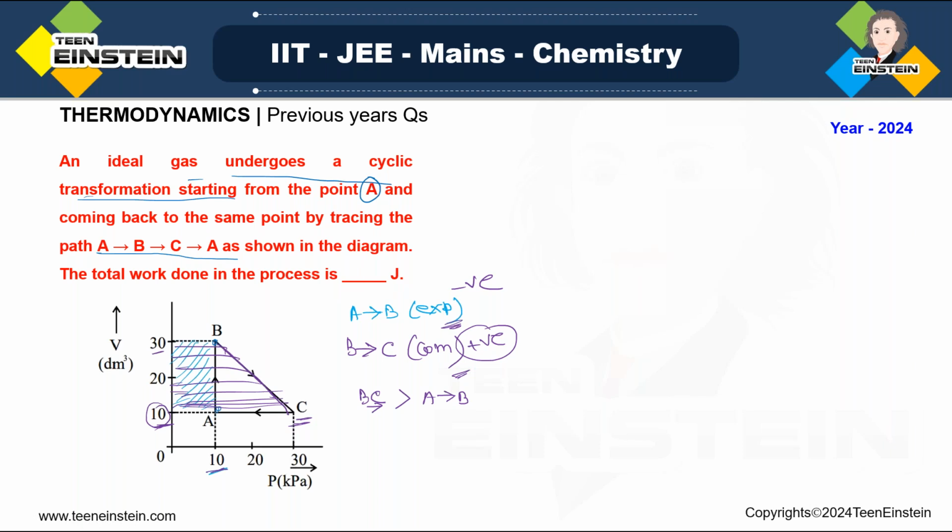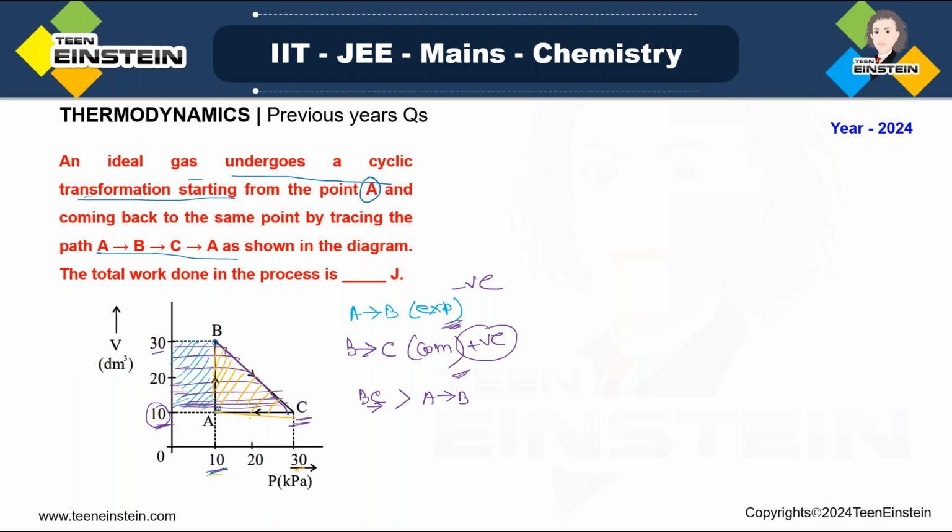Next, what will be the calculation? Because ultimately we have to find the area under this portion only. Now here AB and BC. See here 10, 30. This is also 10, 30. These two sides are equal. Even if it is not equal, then also the formula for area that we use is half into base into height.